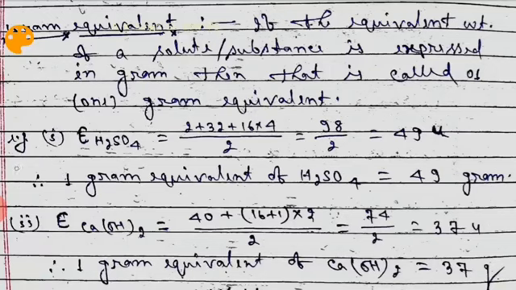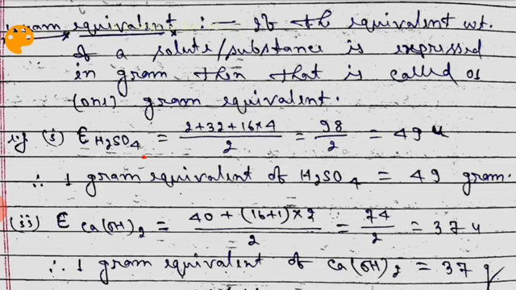For example, equivalent weight of H2SO4. E of H2SO4 means equivalent weight of H2SO4. It is equal to 2 plus 32 plus 16 into 4, divided by 2. Why 2? Because total positive charge on hydrogen is plus 2.